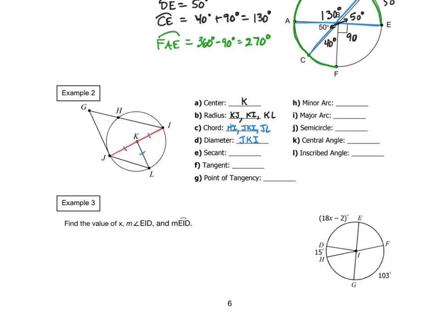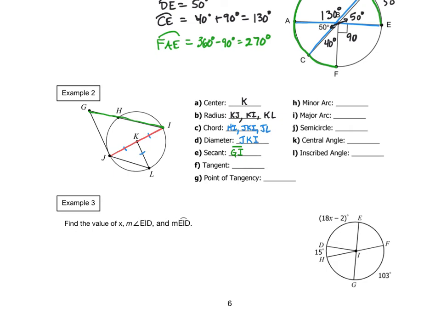A secant, remember a secant has one point on the circle and the other point passes through. So an example here would be I is on the circle and it passes through H and it goes on to J. So my secant here would have been segment GI is a secant. A tangent was a point that rested just on one spot on the circle. It did not enter the circle.